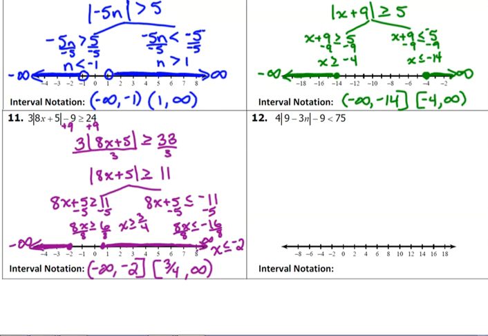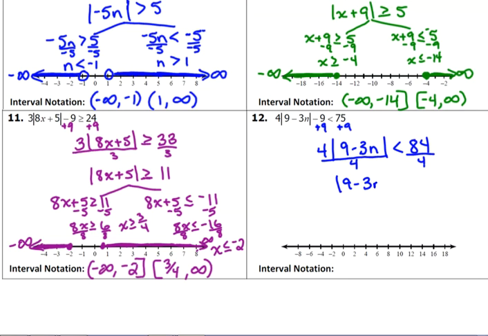All right, last one. Just to make sure we got all the details. Start this one by adding the 9 to both sides. 4 times the absolute value of 9 minus 3n less than 84. Divide both sides by 4.